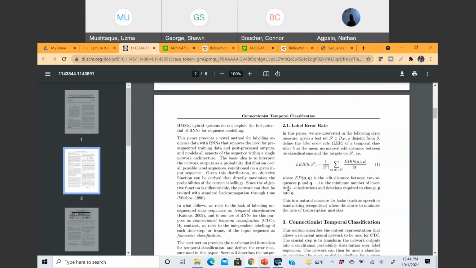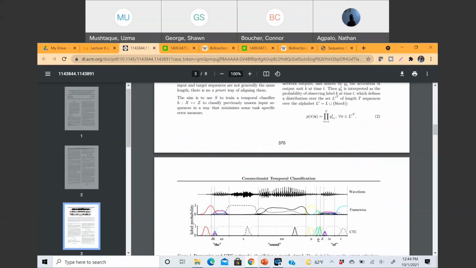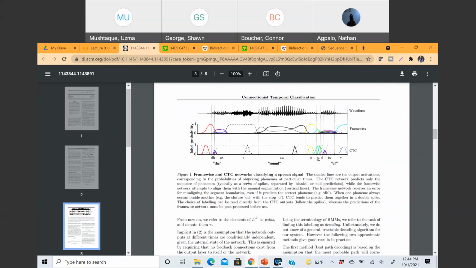I'm not 100% sure if they have the picture that I'm looking for. This is showing you how they convert each and every word. For example, the word "the," because somebody spoke that, and then the number of time steps that you might have in the RNN might be extended, or they can be shorter, depending on how long you take to say that word.